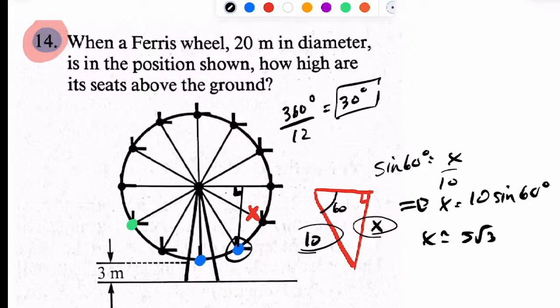I wanted to get it as a decimal. Can someone give me that as a decimal? It should be 8 point something.